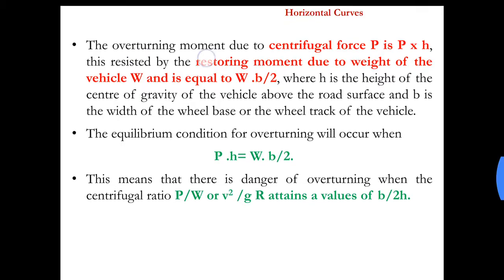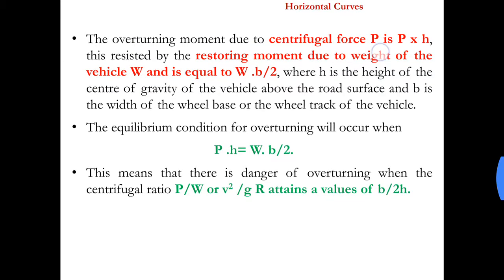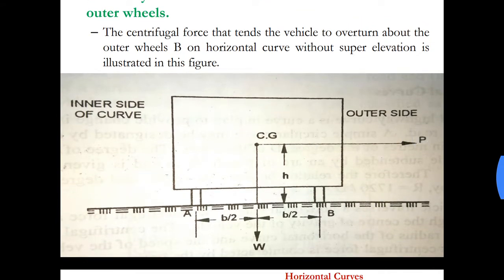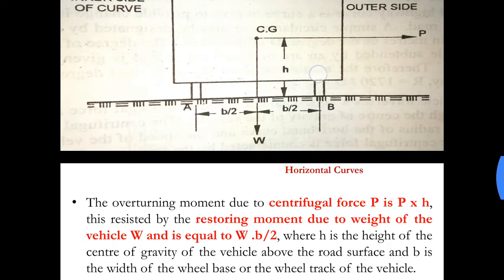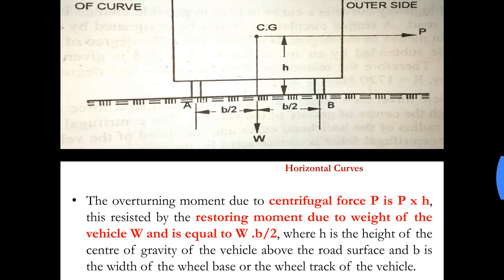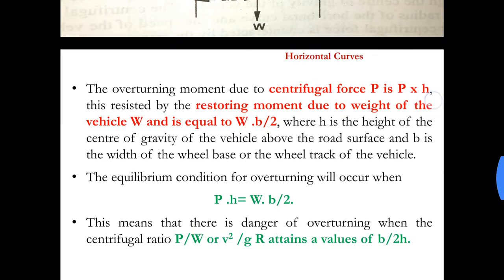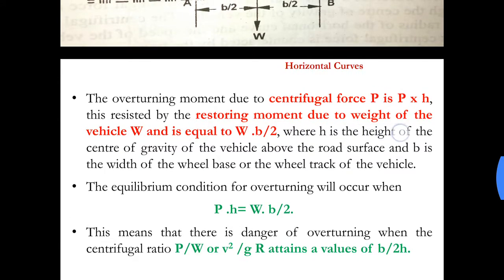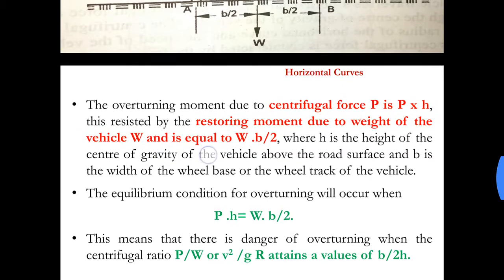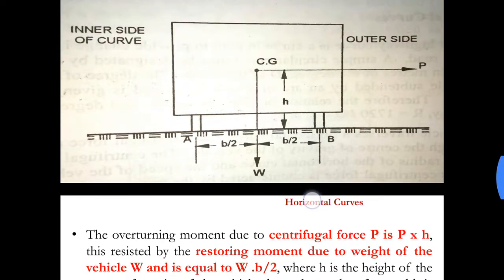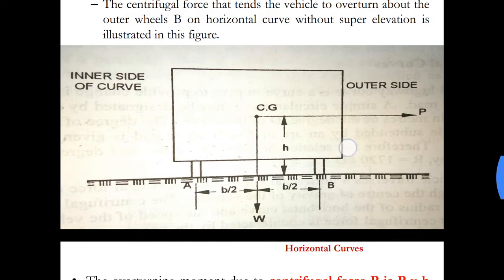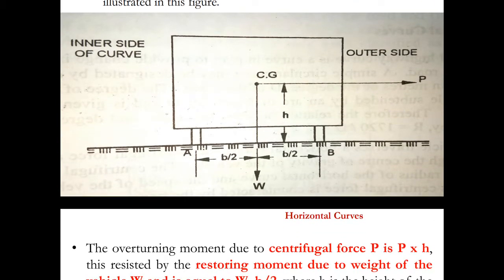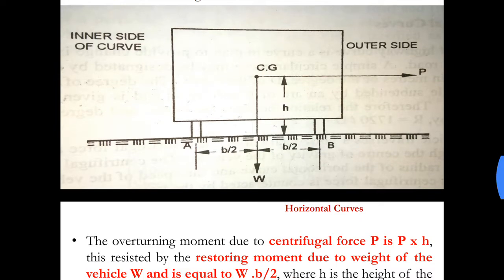The overturning moment due to centrifugal force P would be: the force is P and the distance would be H, hence the moment would be P into H. This is resisted by the restoring moment due to the weight of the vehicle W, and is equal to W into B by 2. Now P into H is a clockwise moment, and this is resisted by the weight of the vehicle.